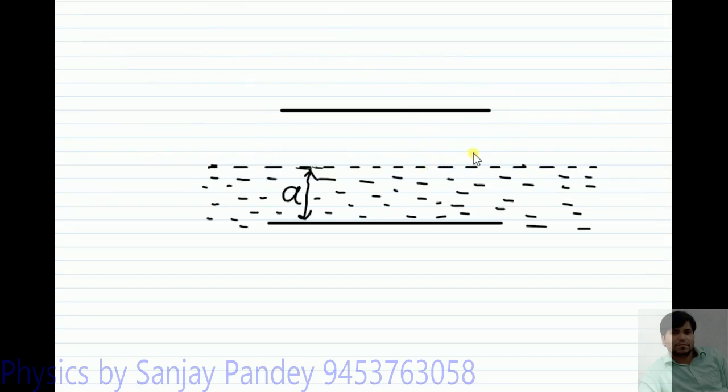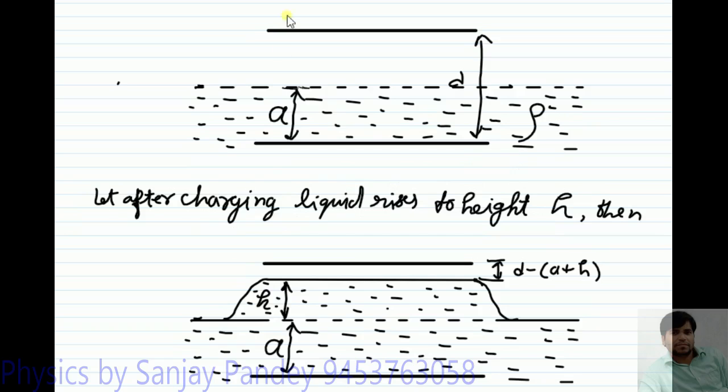Suppose the separation between the plates is D, and up to depth A, this lower plate is submerged inside the liquid of density rho. Suppose after charging the liquid rises to height h, then the whole system can be considered as a series combination of two capacitors.